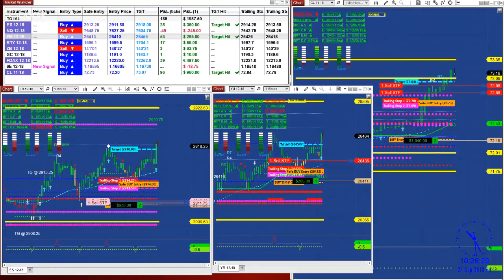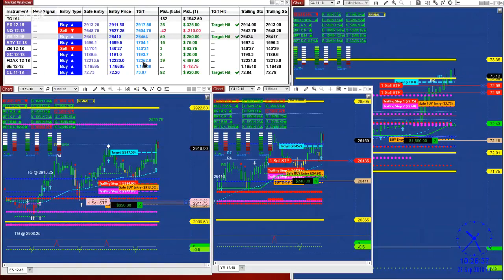Actually, we have a new signal on the 6E entry 6605, target 6730. The Nasdaq is not moving, sir. Yes, sir. It's not moving. There is something wrong with the Nasdaq.